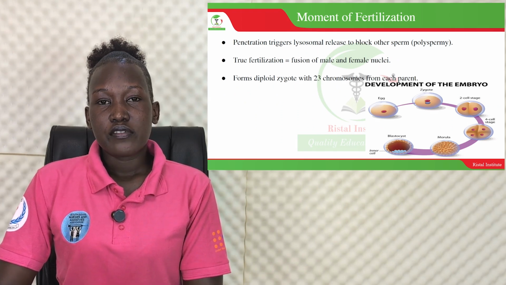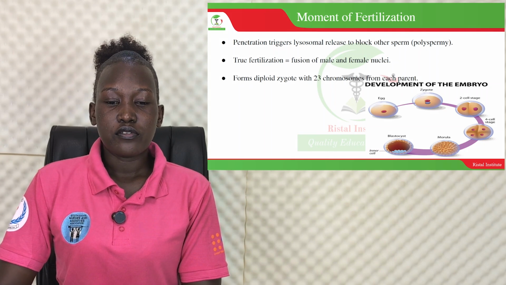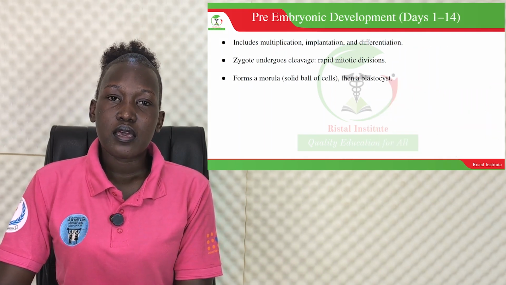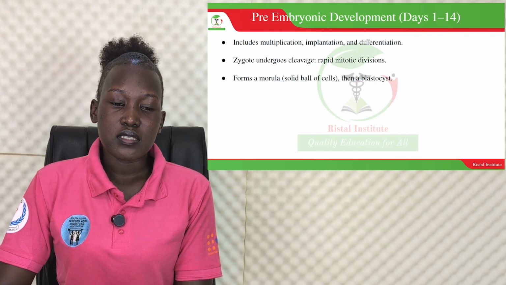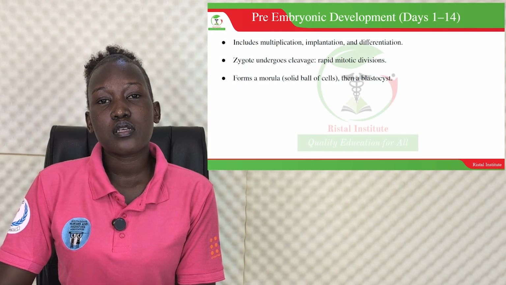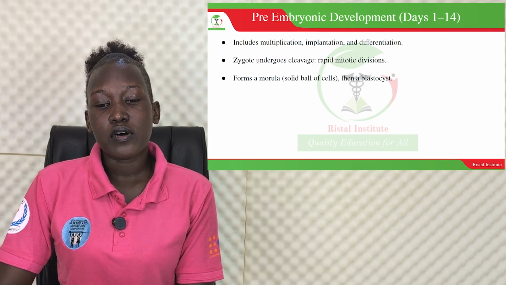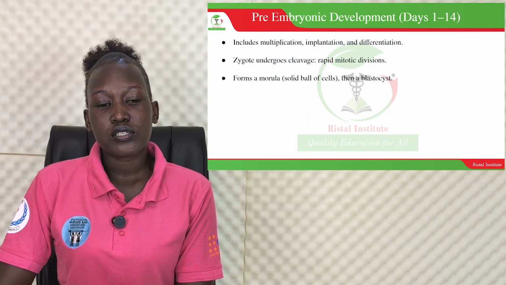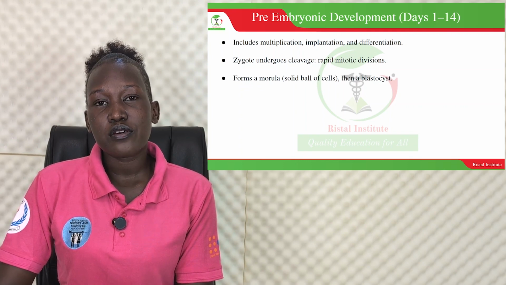So now we have the zygote, which is already formed. Now we want to know what really happens after the egg has been fertilized. So we have about 3 different stages after fertilization. The first stage is what we call the pre-embryonic stage or period.